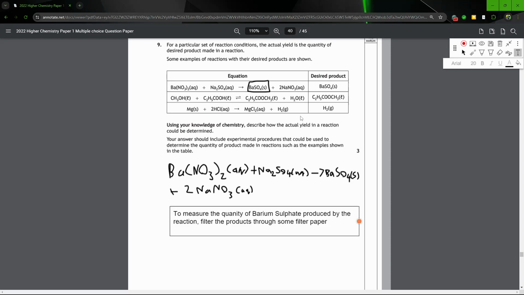Hang on, before we do that, we need to measure the weight of a clean filter paper.